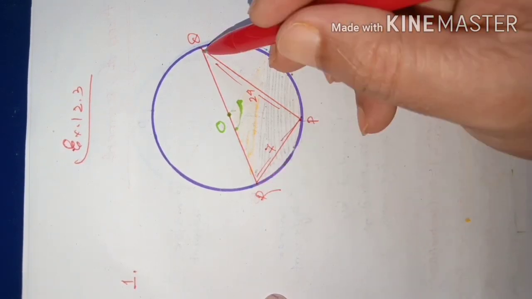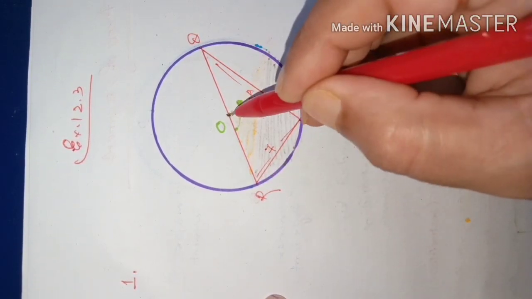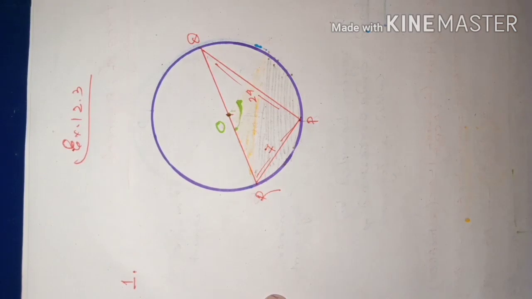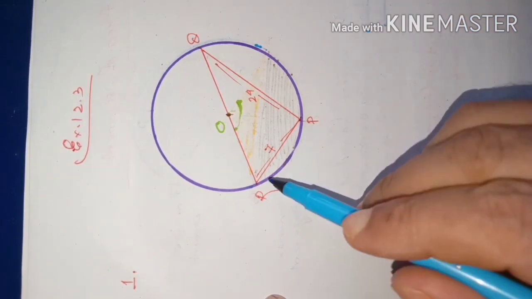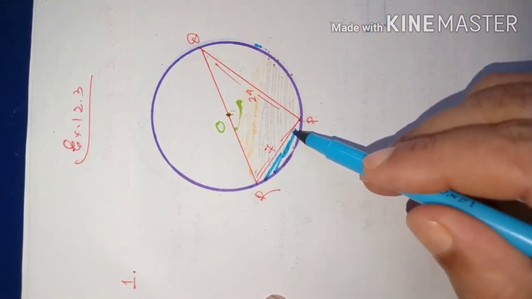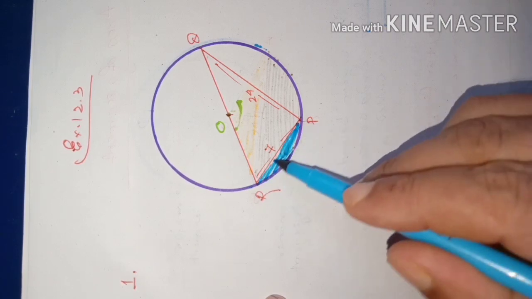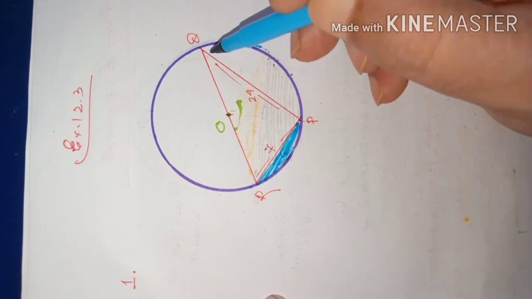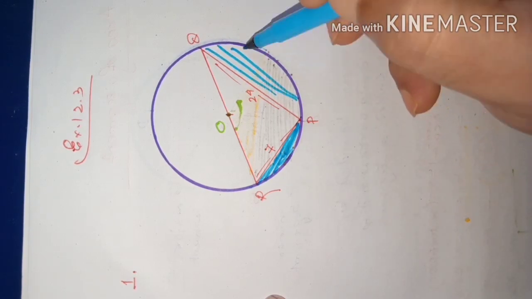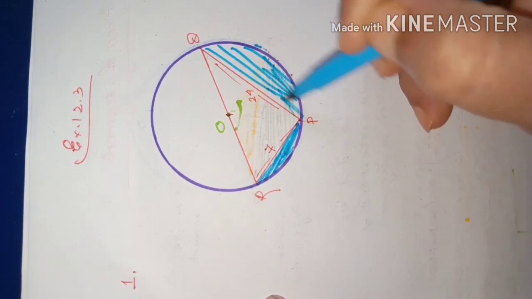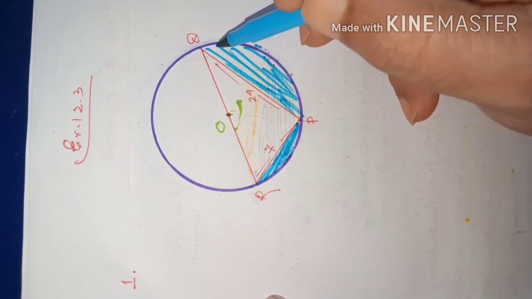And this is QR, that is the diameter of the circle. Here is the center O. The shaded portion, in the textbook diagram this part is not so clear, but you make your own to understand clearly. This is one shaded part. Another shaded part is this part. So we need the area of these 2 shaded portions together.